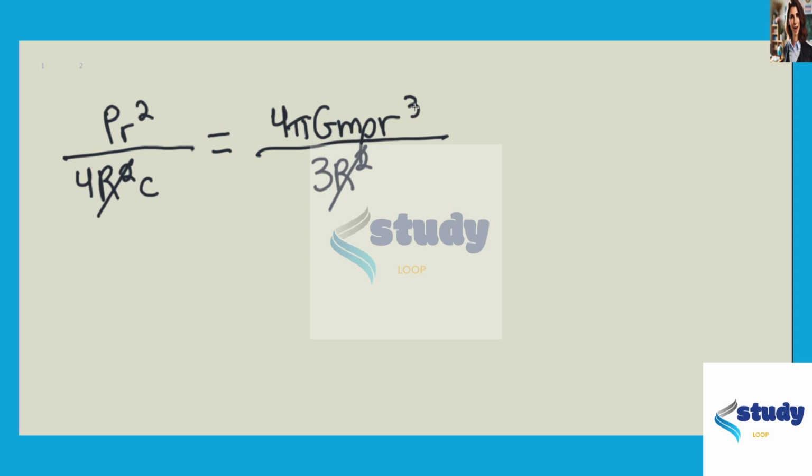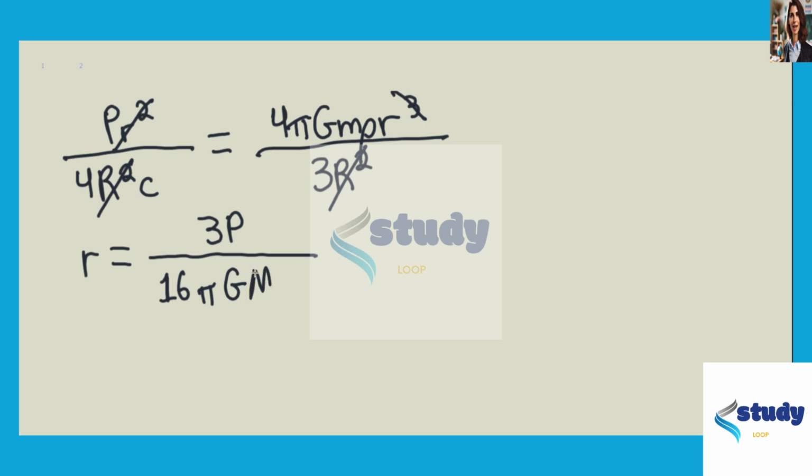So this cubed cancels out with this r essentially, and we have r would be equal to 3 times the power output of the sun divided by 16 pi times the gravitational constant times the mass of the sun times the density of the particle itself times the speed of light.